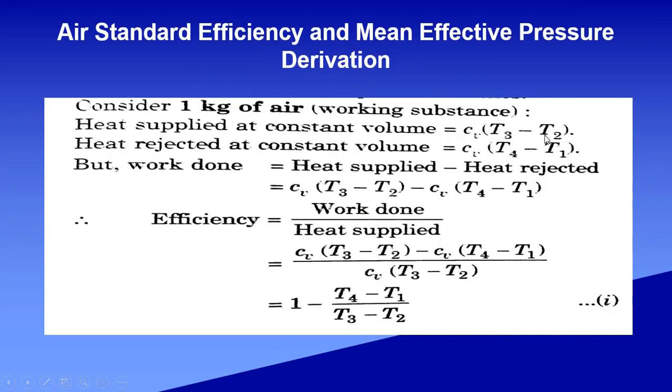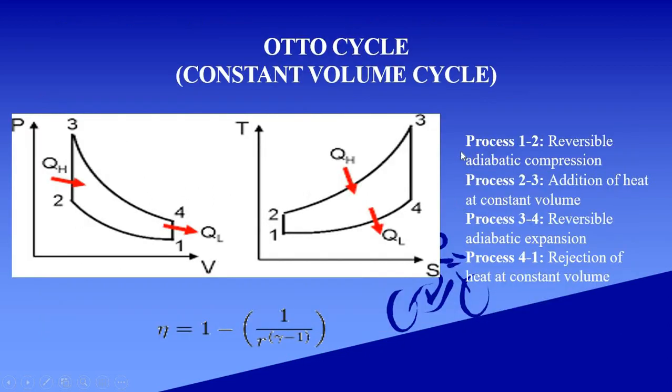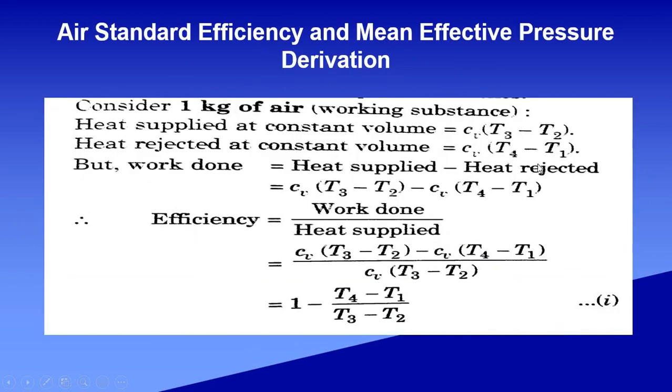So T3 minus T2, the difference between the higher and lower temperatures. And similarly for heat rejected at constant volume, Cv into T4 minus T1. So heat is rejected during process 4 to 1. You can see here, this also takes place at a constant volume. So MCv into T4 minus T1.